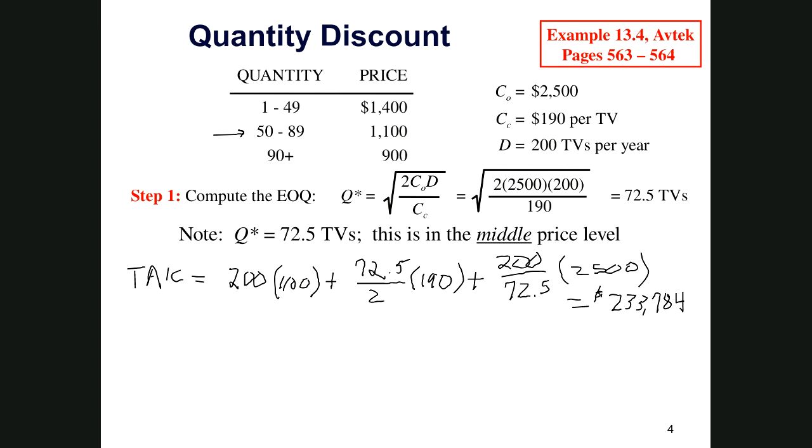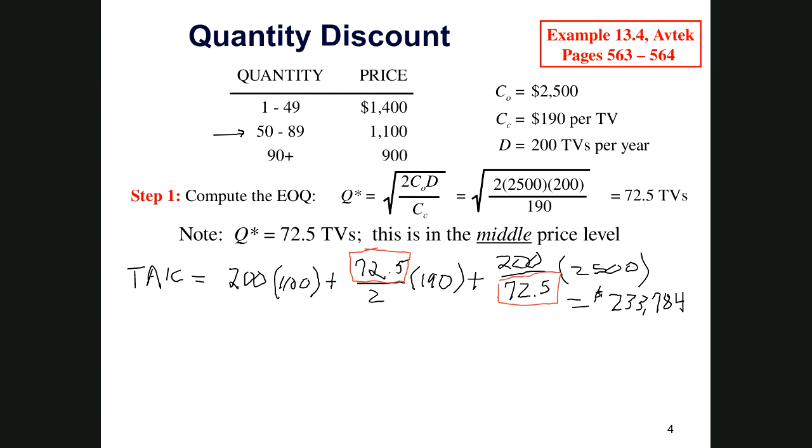So this is the total annual inventory cost for 72.5 televisions, which is our Q star. In other words, we've substituted in 72.5 for our Q star in our total inventory cost.